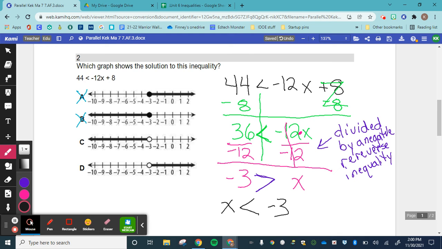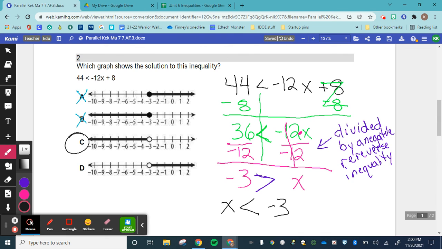So I look at my answer choices. I already decided it was going to be an open circle because there's no line under my inequality. And I know that since x is smaller than -3, and smaller is always going to the left, that C is my correct answer.